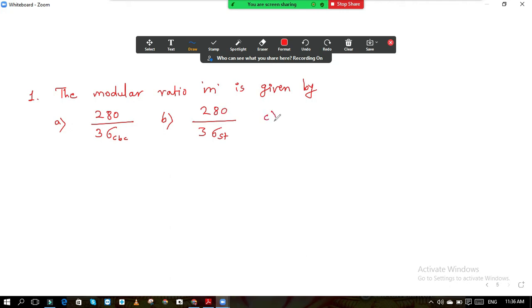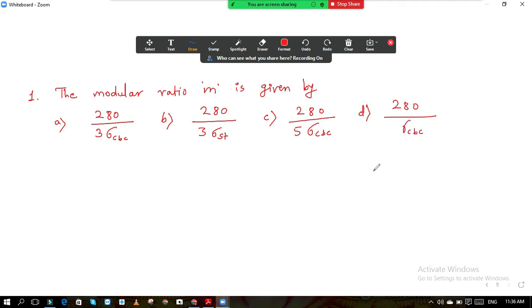Then option C is 280 divided by 5 sigma CBC, and option D is 280 divided by sigma CBC.